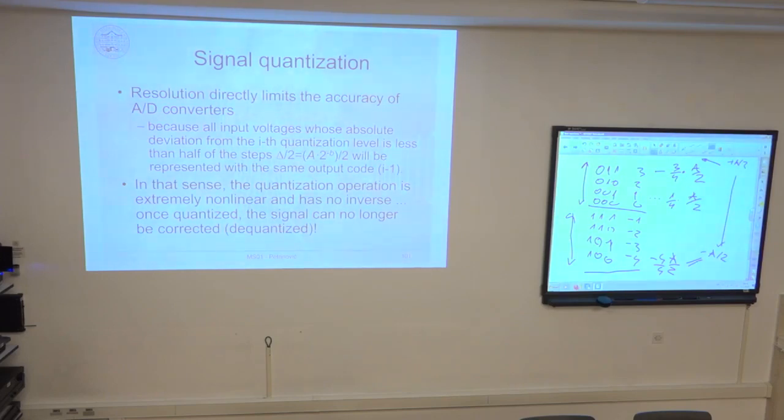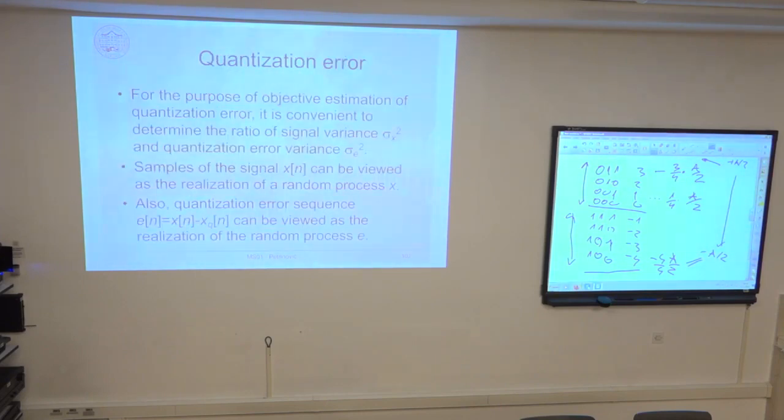Once I do the quantization, I cannot go back to the actual real value. I don't know what was the actual value. The whole range is represented as a single integer number. Okay? So I cannot dequantize the digital signal.